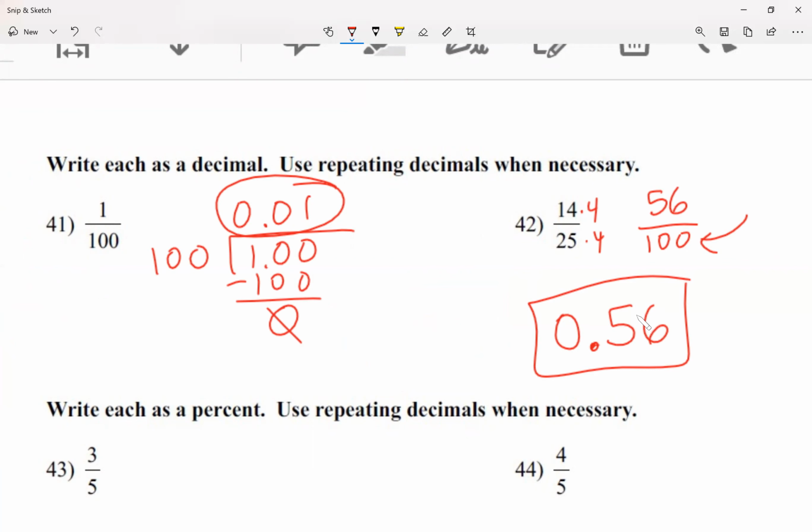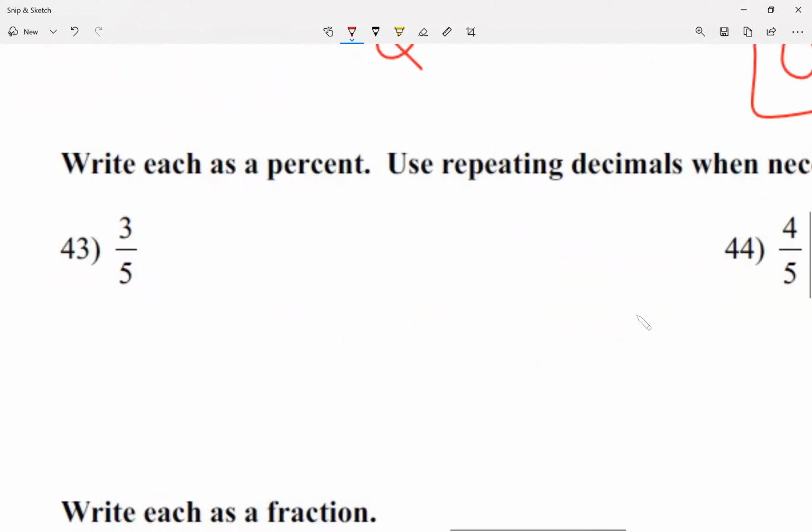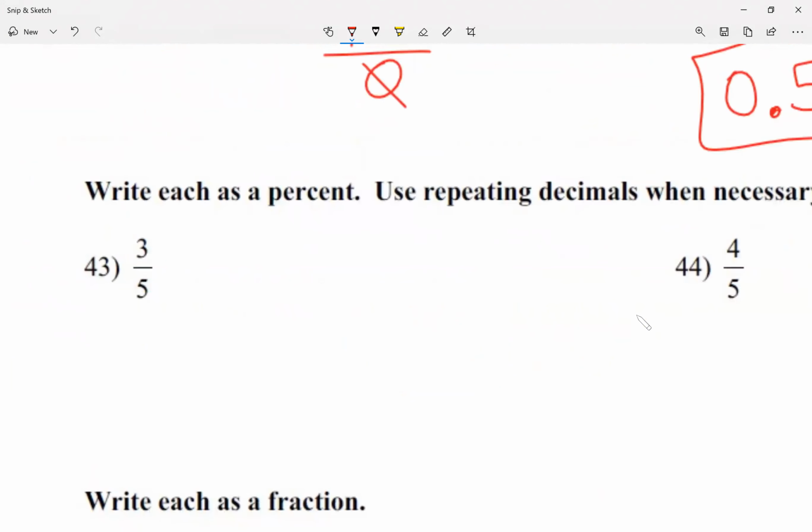Then another thing that we saw is, what if I start as a fraction and I want to make this into a percent? Use repeating decimals when necessary. I know how to make this into a decimal. I could divide 3 divided by 5, but in this case, I'm going to use the denominator instead. Let me multiply top and bottom by 2.